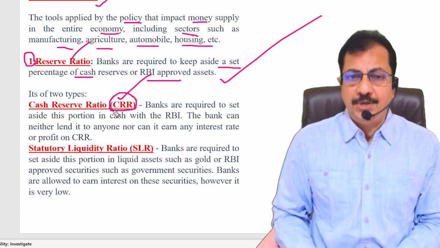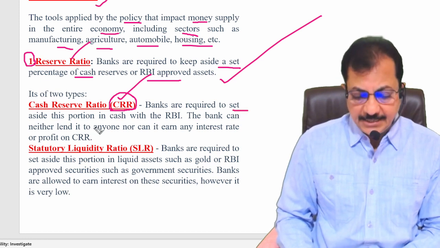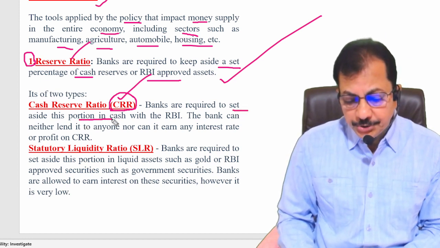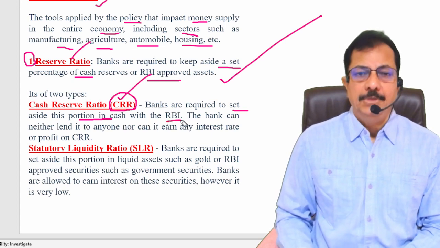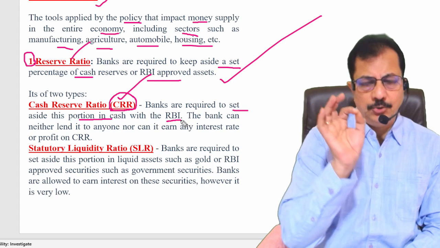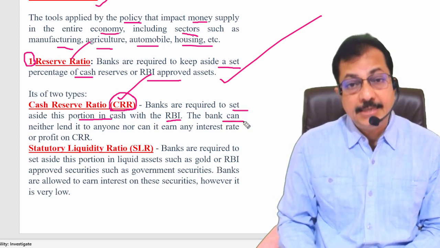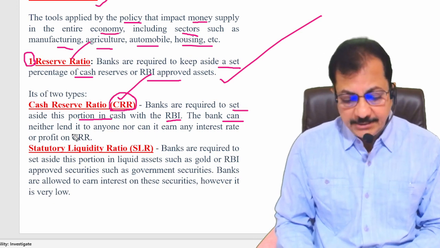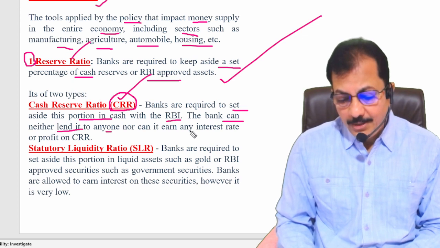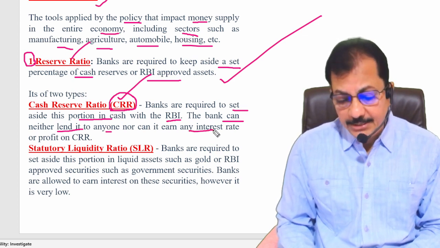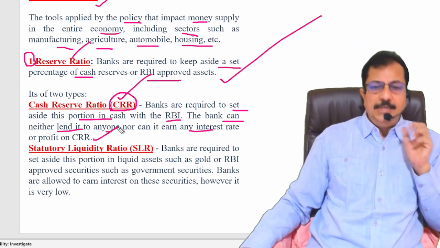So when it comes to cash reserve ratio, banks are required to set aside this portion in cash with the RBI. You have to deposit so and so percentage with the RBI. The banks can, listen carefully, neither lend it to anyone nor earn any interest or profit on CRR.